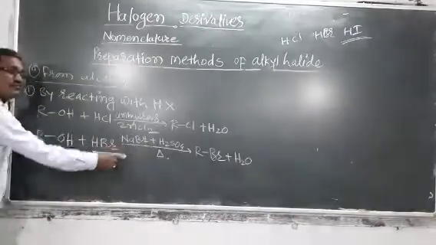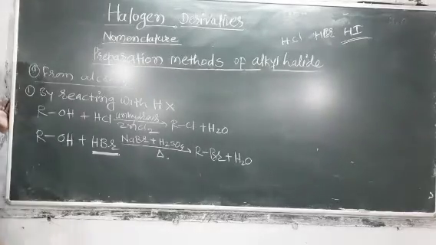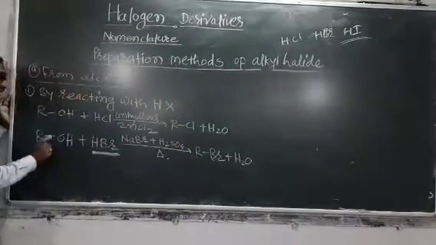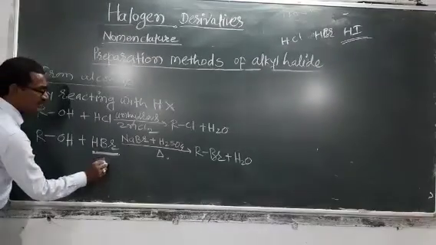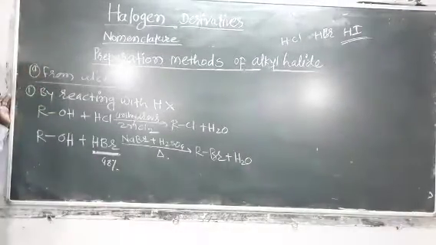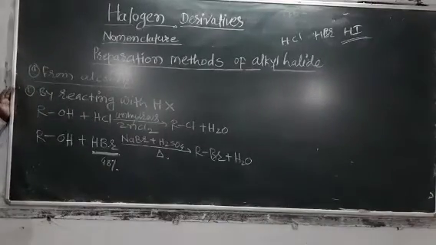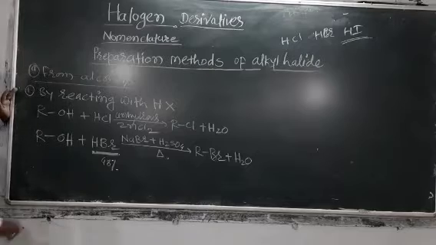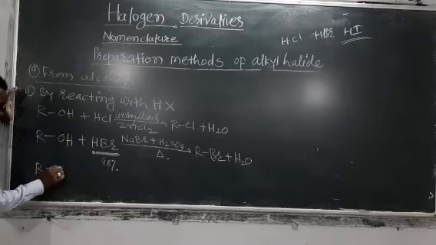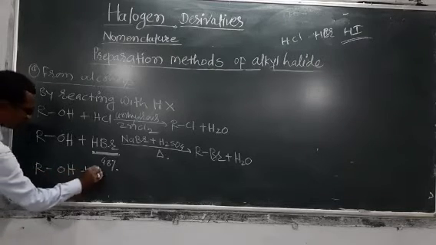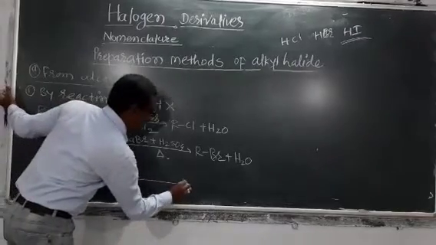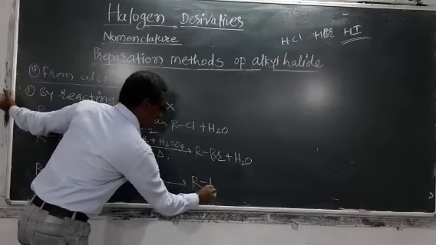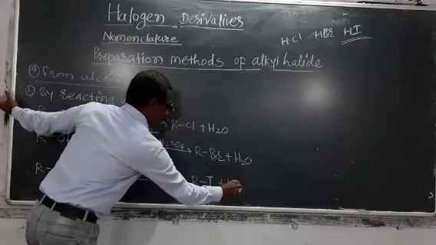Instead of this, we can also prepare alkyl bromide by reacting alcohol with 48% HBr with constant heating. Now, the third one: when alcohol is reacted with HI, it will again give alkyl iodide plus H2O.